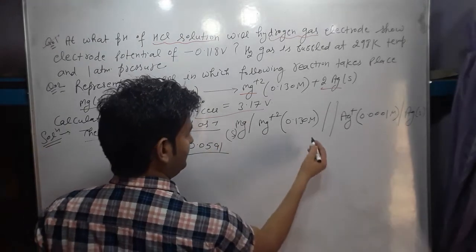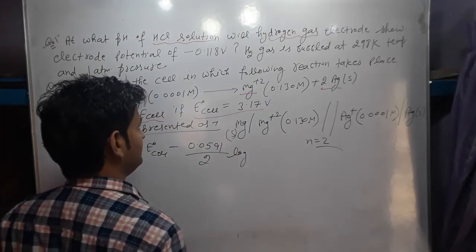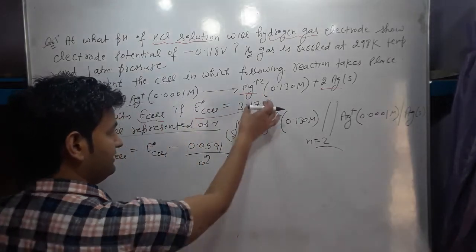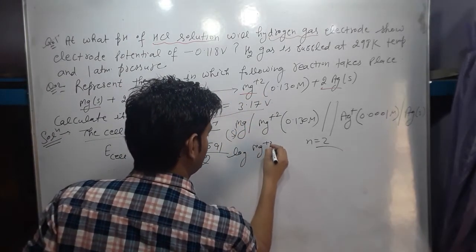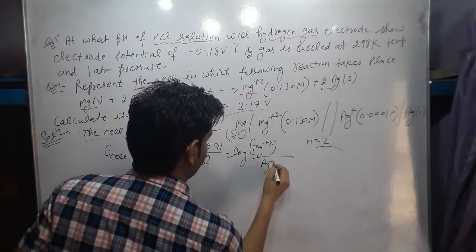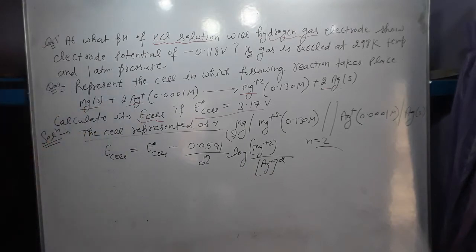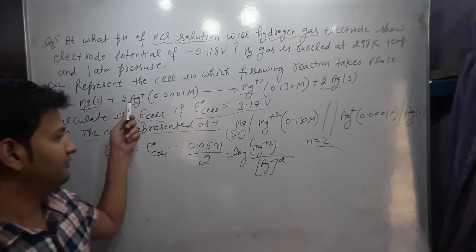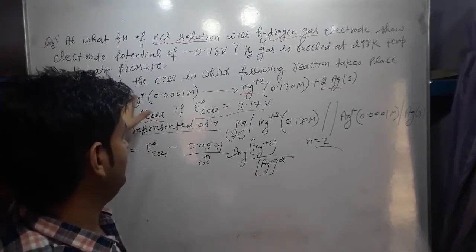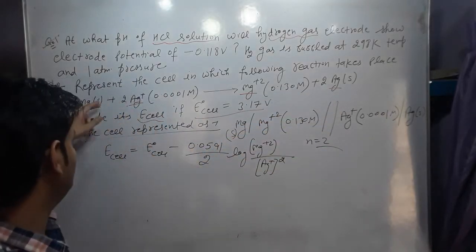For this reaction n is equal to 2, since 2 electrons are involved, so it is 2, log of the product side concentration, Mg 2 plus ion concentration over Ag plus concentration squared, because the stoichiometric coefficient is 2 and occurs in the power. Solids and metals have concentration equal to 1.